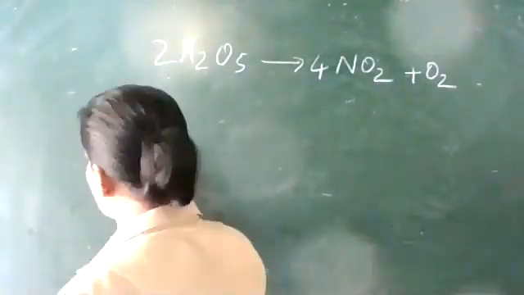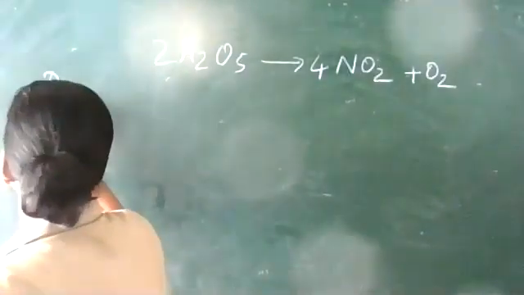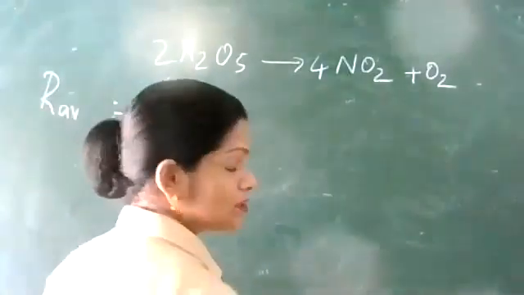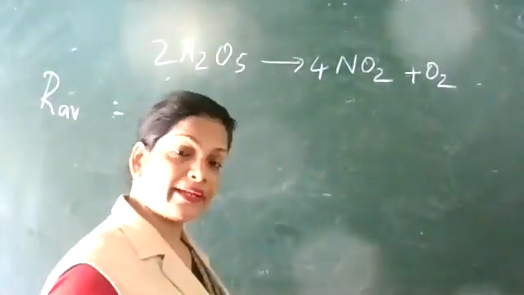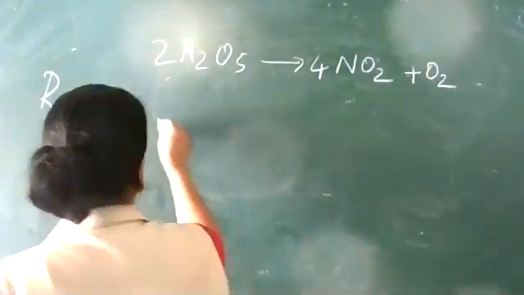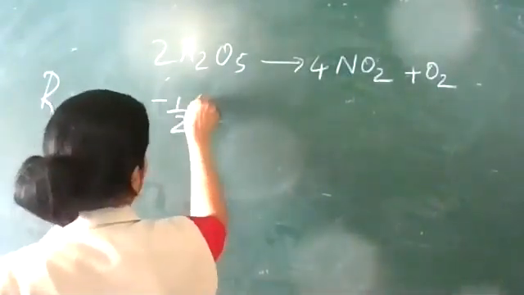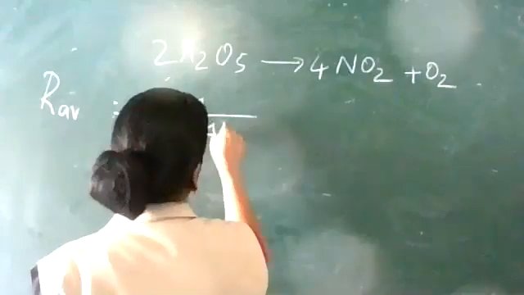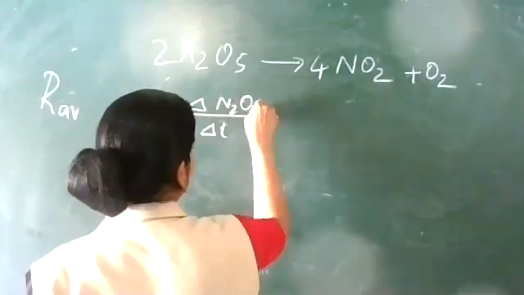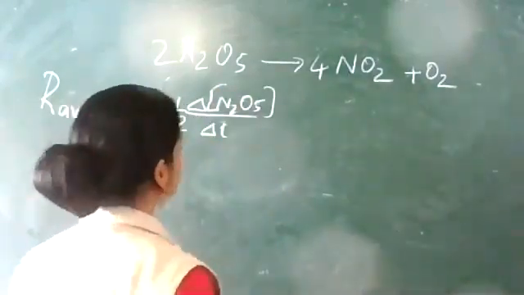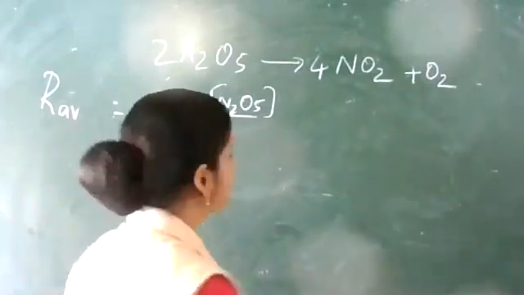Rate of reaction, call it the average rate, RA. That is minus 1 by 2 delta N2O5 concentration upon delta T, with the coefficient coming in the denominator.